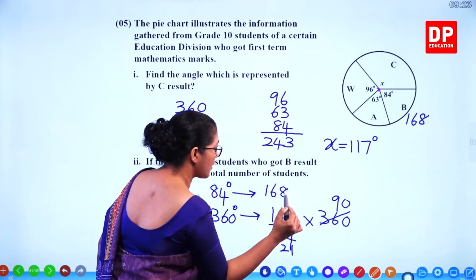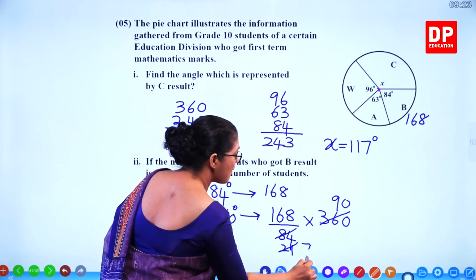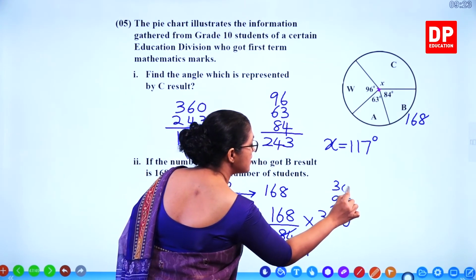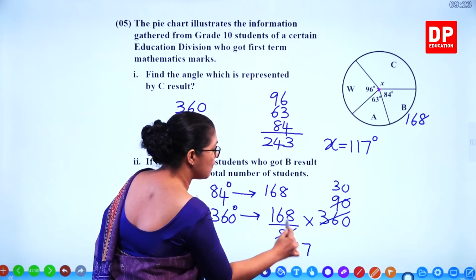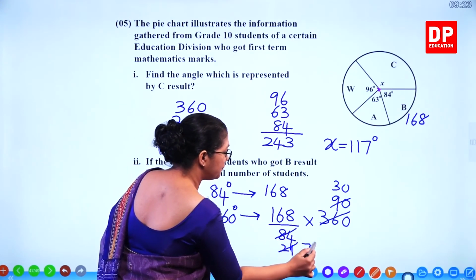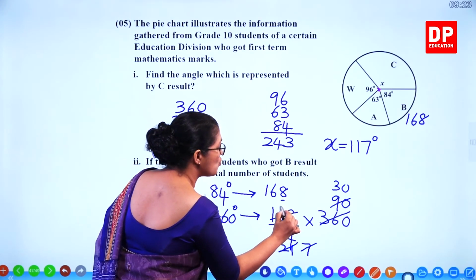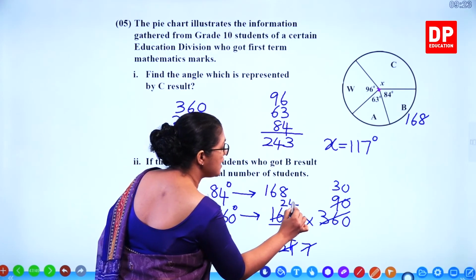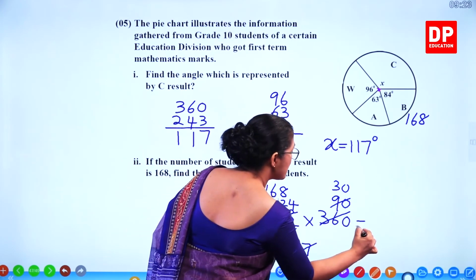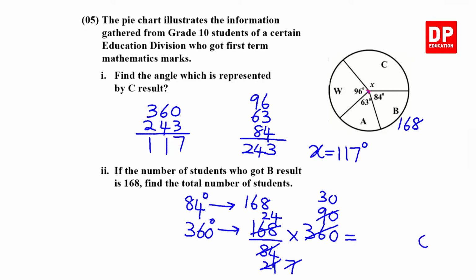90. Divide by 3, 7 and 30. Now you can divide this by 7. 7 times 2, 14. For 28, that's 4. So 24 times 30. 0. 3 times 4, 12. 3 times 2, 6 plus 1, 7.